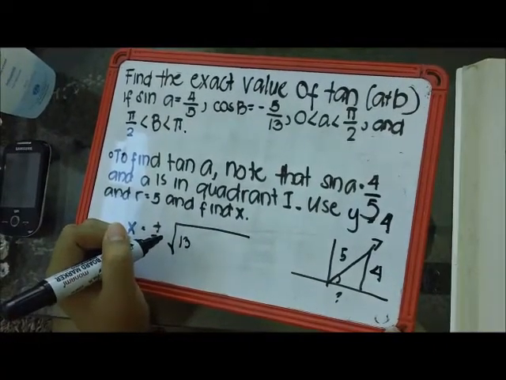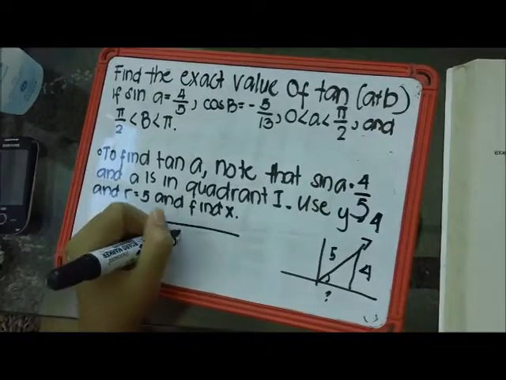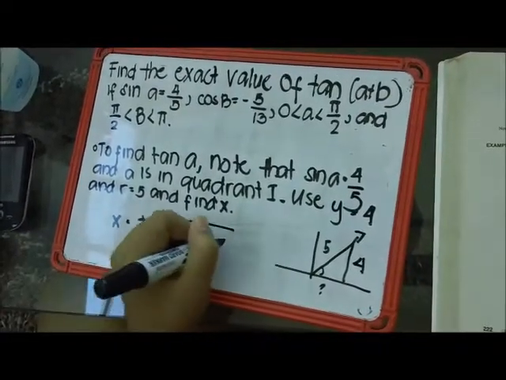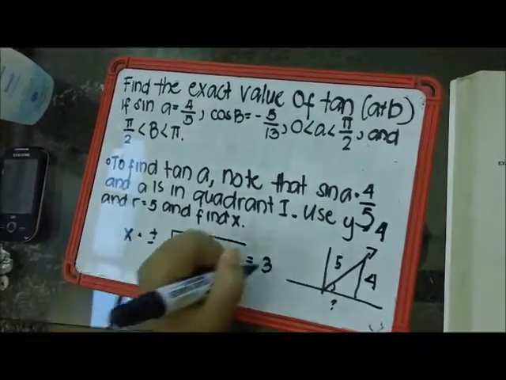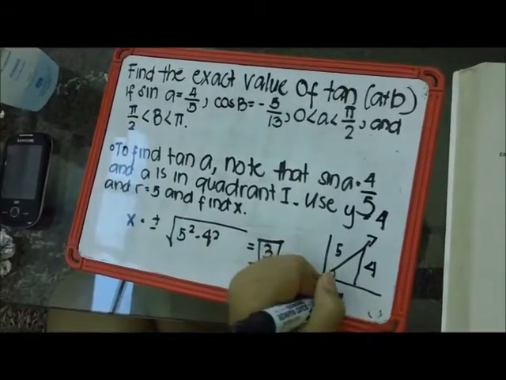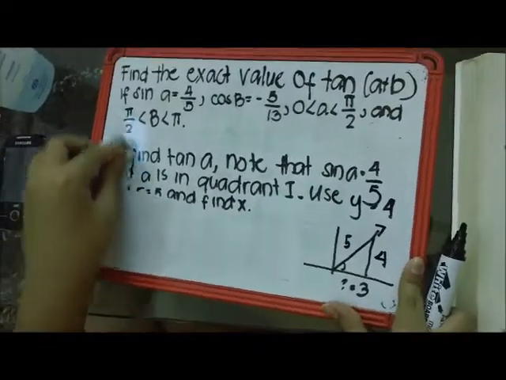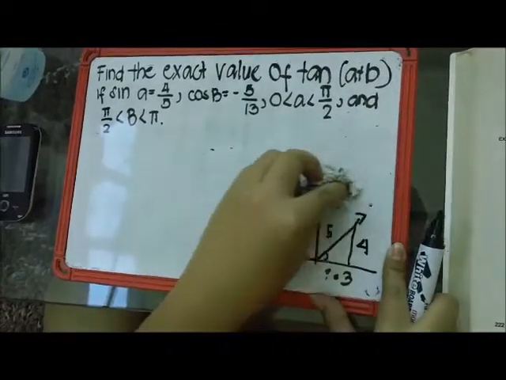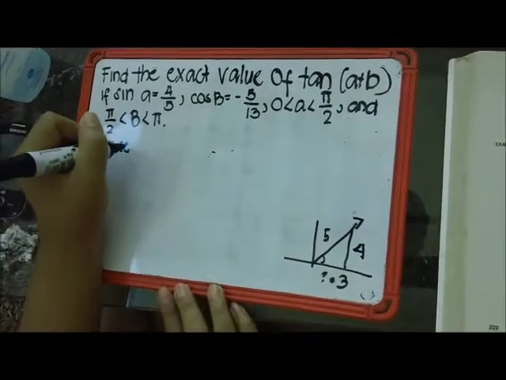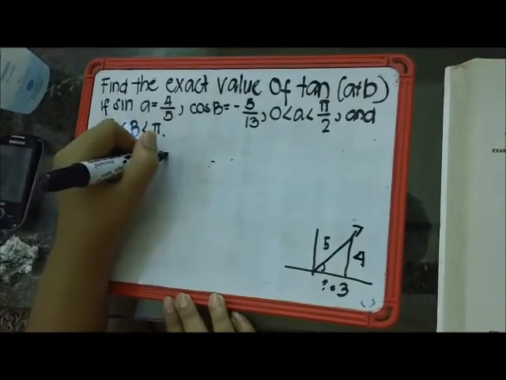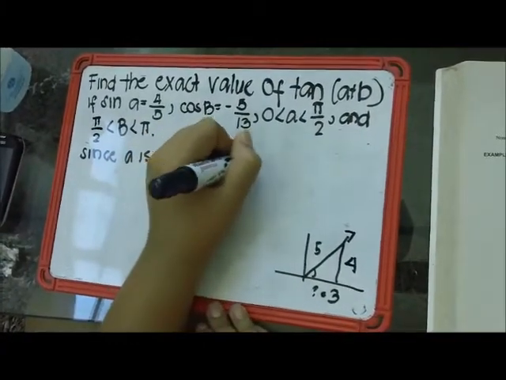Therefore, x is equal to 3. Since A is in the first quadrant, x is equal to 3 and tangent A is equal to 4 over 3.